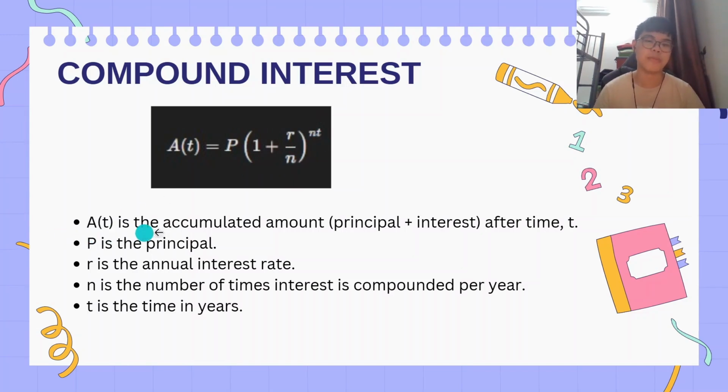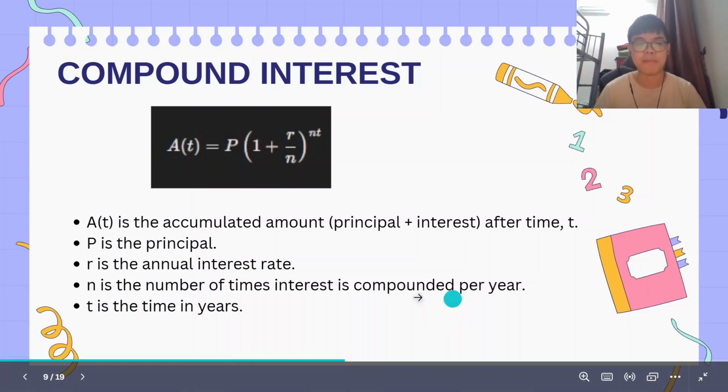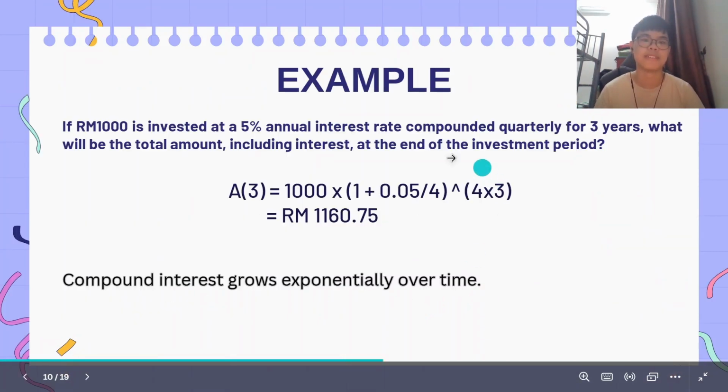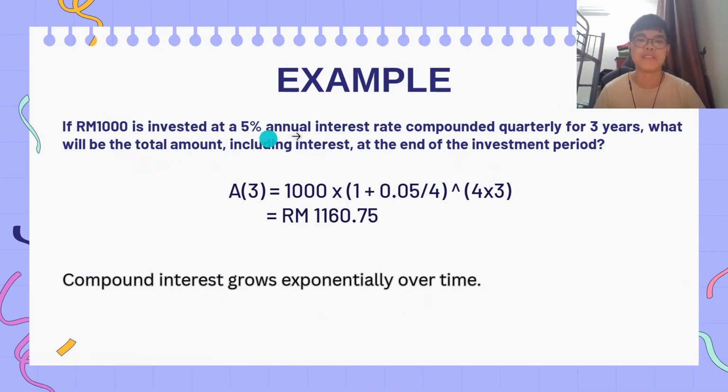So A_T is the accumulated amount, principal plus interest after time T. P is the principal, R is the annual interest rate, N is the number of times interest is compounded per year. T is the time in years.